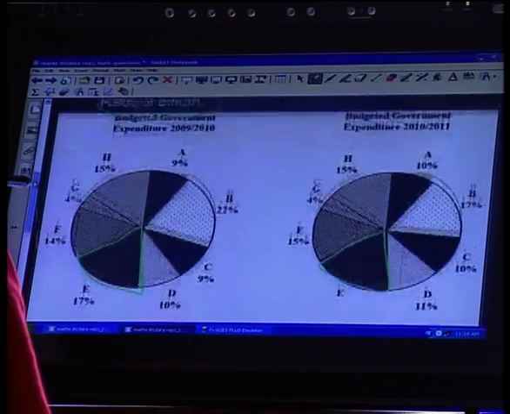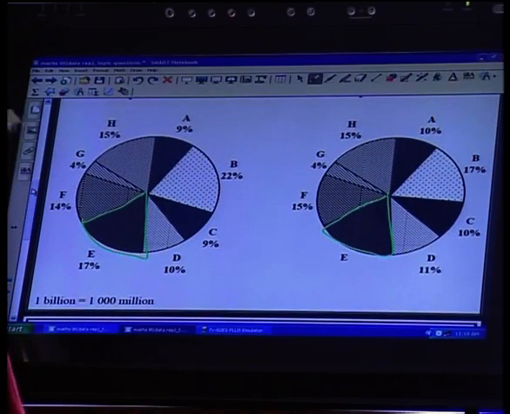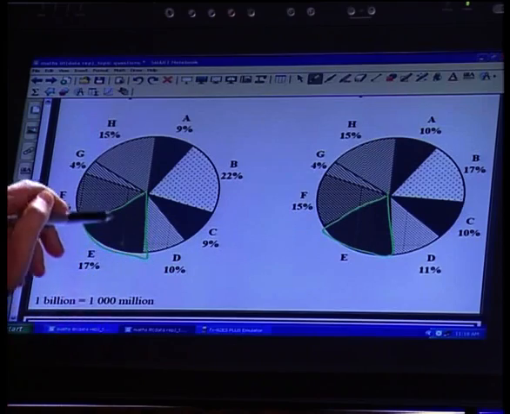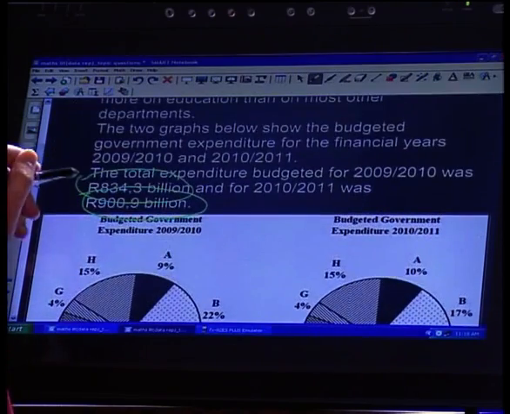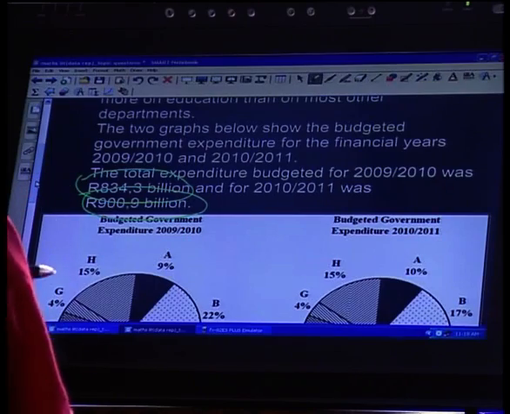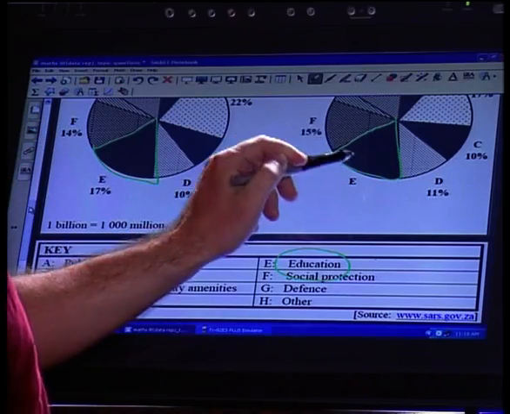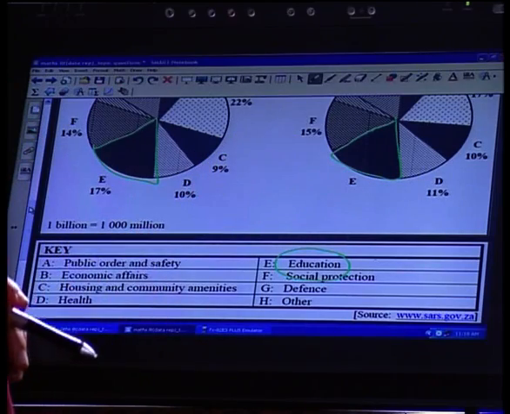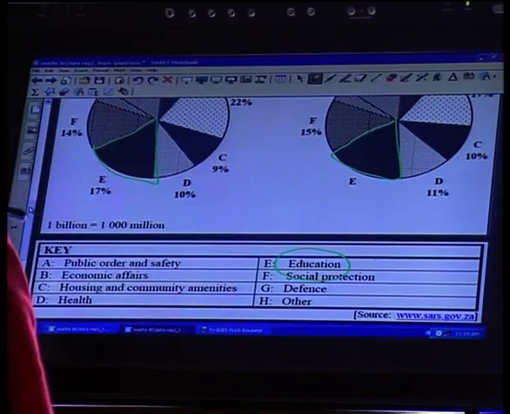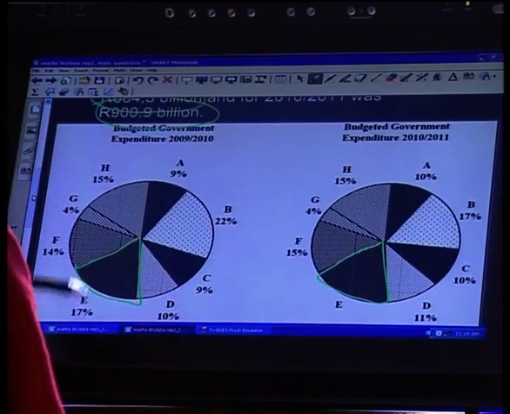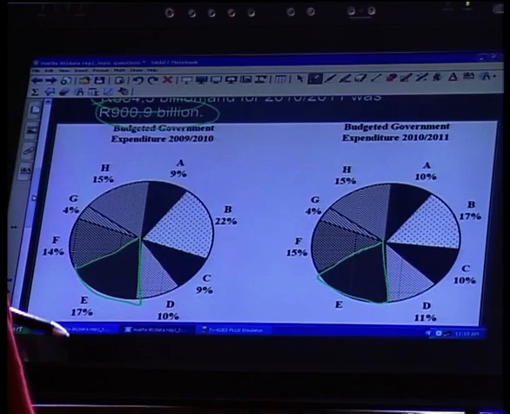So to work out the amount spent on education, we need to firstly go and work out what 17% is of the 834.3 billion. And secondly, we need to work out what percentage was over here so that we can find out the percentage of the 900 billion for the second year.